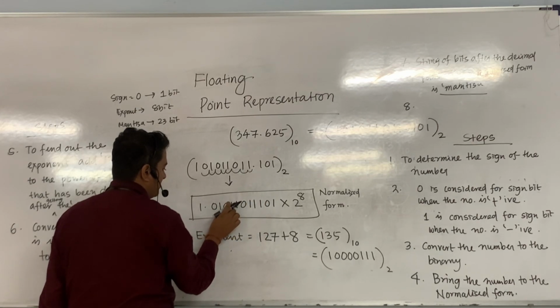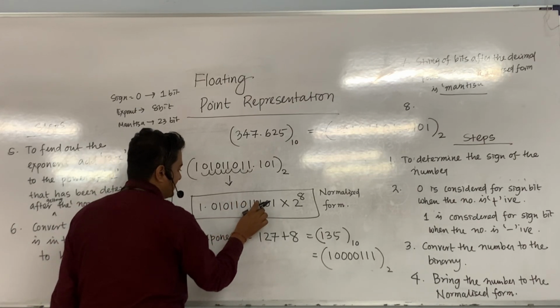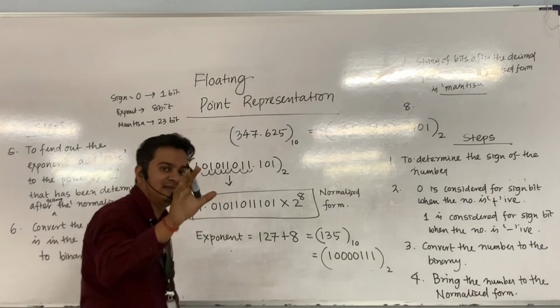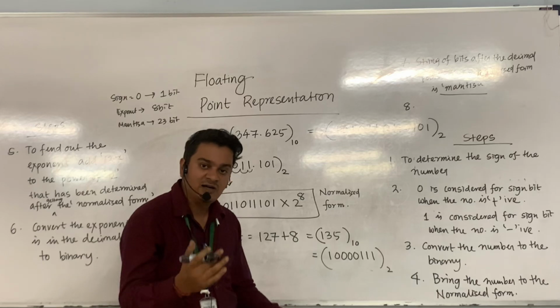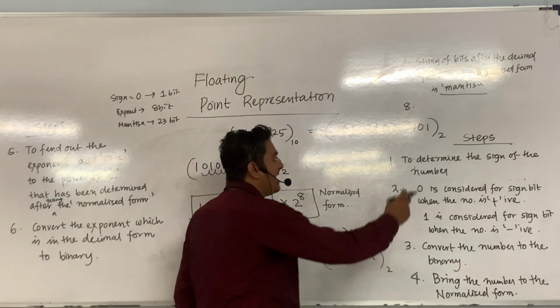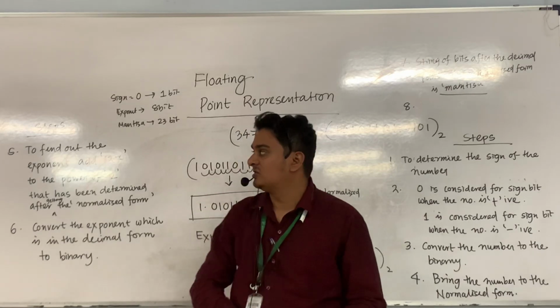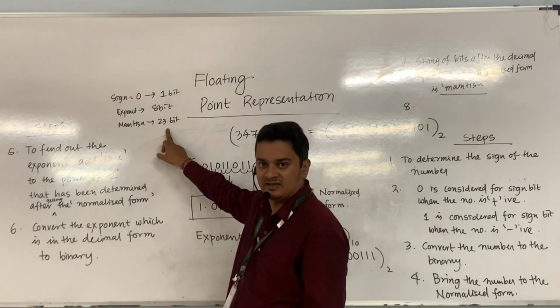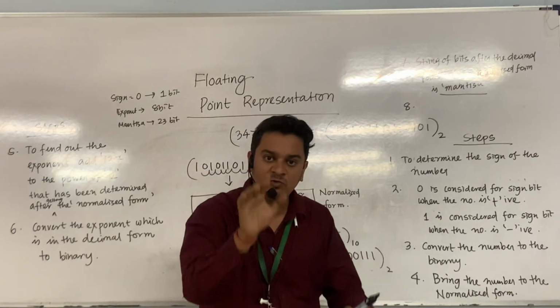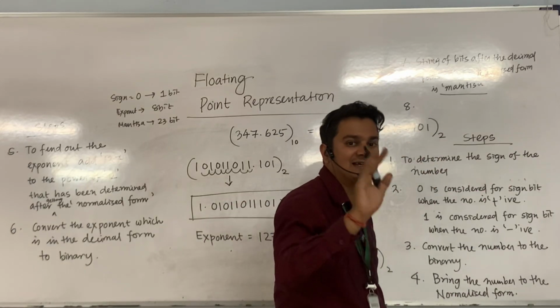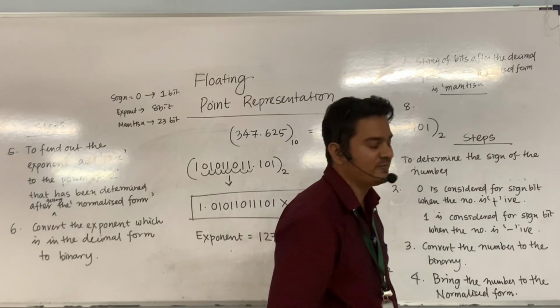So 1, 2, 3, 4, 5, 6, 7, 8, 9, 10, 11. 11 bits are here. So what we have to do? We have to add the remaining zeros to get 23 bits in the mantissa. How will we add? To the right hand side. That is the last step.